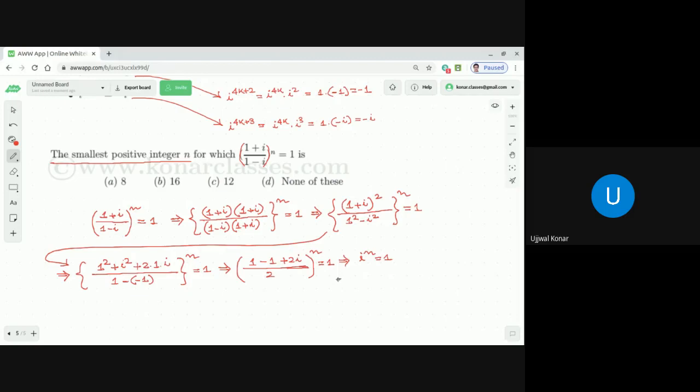So from here, we can say n equal to 4 is the least positive integer so that we get (1 plus i by 1 minus i) power n equal to 1. And we get none of these as the correct answer, dear students.